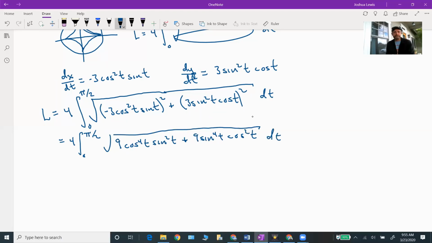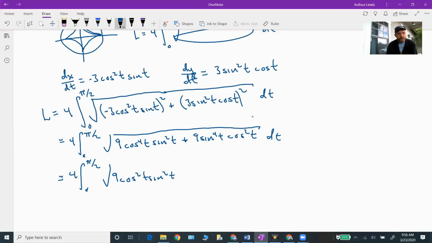All right, now let's not get intimidated by this. Let's just kind of see where it takes us. So I'm going to factor out a 9. And let's see, looks like I can factor out a 9 cosine squared t sine squared t. Well, that's nice because that's a nice perfect square.